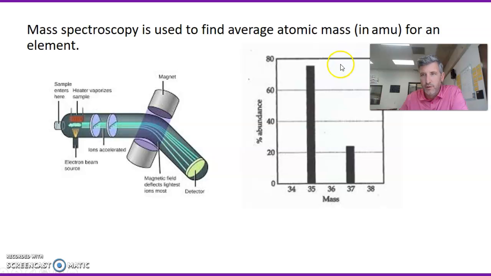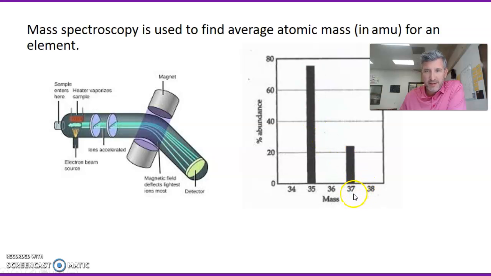So this would be for something that just has two isotopes. What this is telling us is, whatever this element is, the stuff that has a mass, and this is along the x-axis in AMU, so a mass of approximately 35 AMU, makes up, it looks like about 75%, if we do a little estimation here, of all the atoms of that element, whatever that element is.